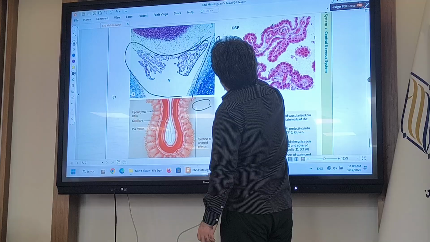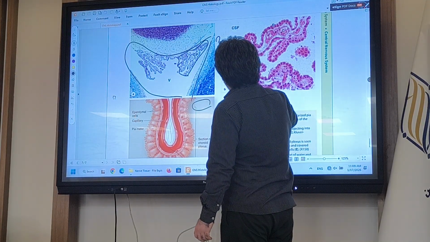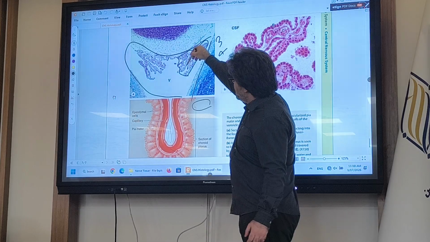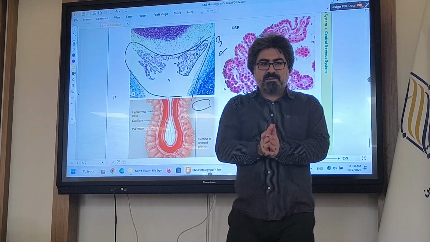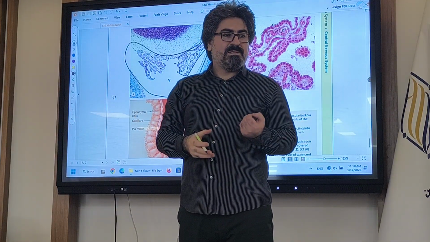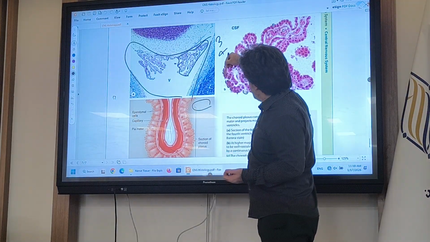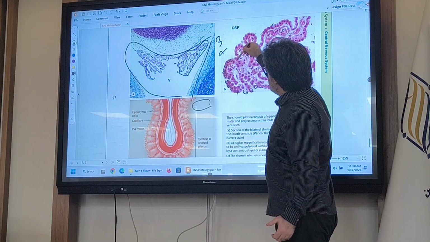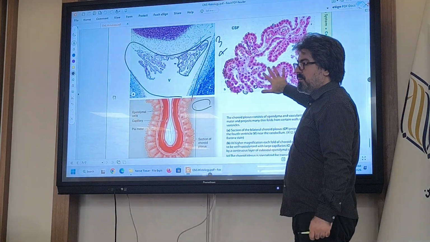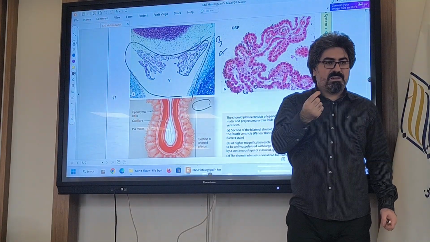At the surface of choroid plexus, as I told you, that is part of ventricles or a row of cells, this part. I told you that ventricles and everything inside ventricles are lined by ependymal cells. So at the surface of choroid plexus is also a layer of ependymal cell. Okay, this is choroid plexus. At the surface, it is lined, it is covered by a layer of ependymal cell.